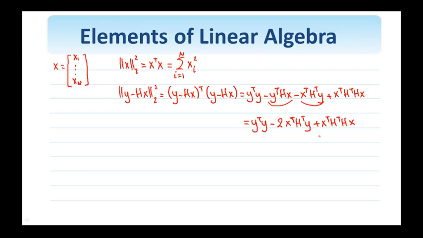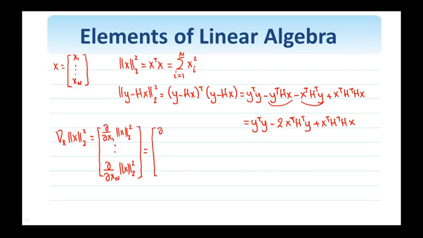We'll also need the notion of the gradient of a functional of a norm. This is by definition a vector, an n-dimensional vector that has the partial with respect to x1 of the norm squared all the way to the partial with respect to xn of the norm squared. And if I use the expression for the norm I just showed in the beginning, it's the sum over i of x_i squared.